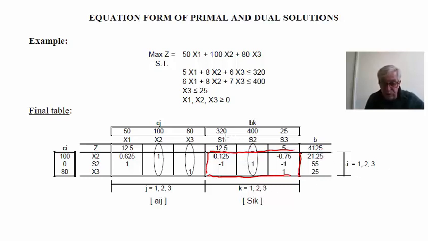The column corresponds to S1, S2, and S3. So we introduce here on top of this matrix SIK the original availability of the resources or the independent terms of the restrictions. So we have 320, 400, and 25, and we call this the vector BK.